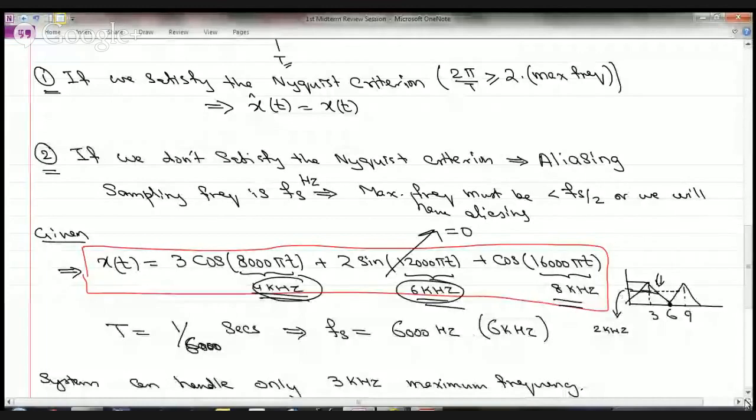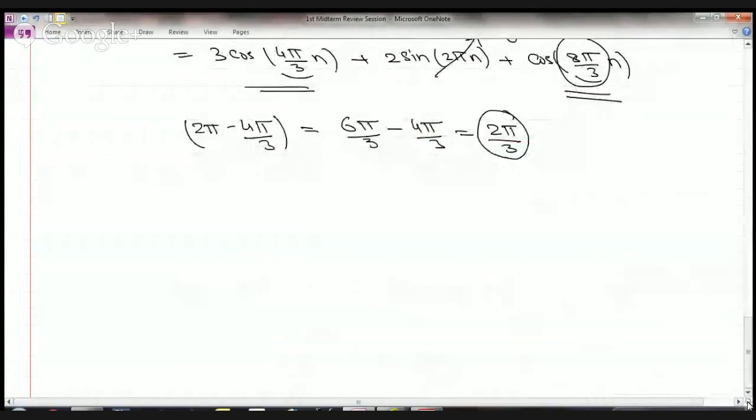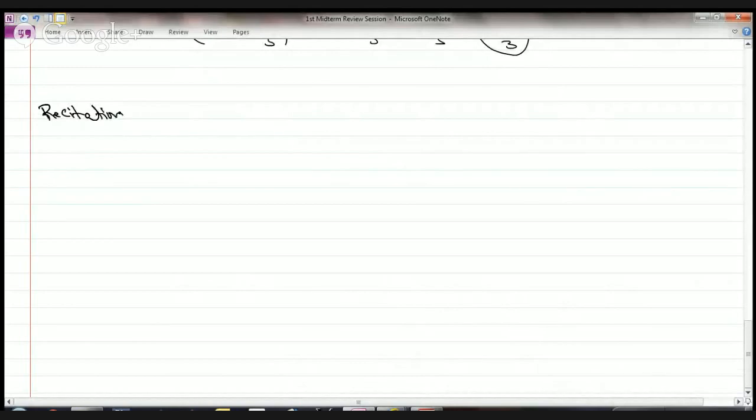Okay, so let's look at this. So this is the recitation quiz. This was given to section 2, and it's part D that I've been asked to go over.